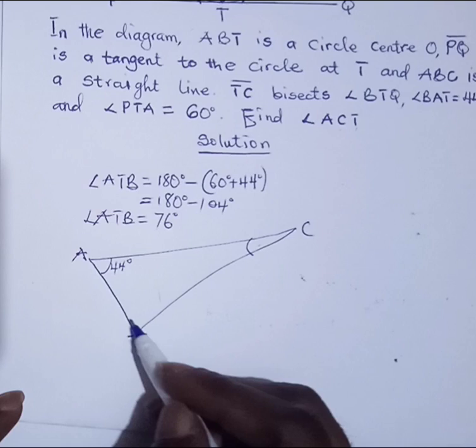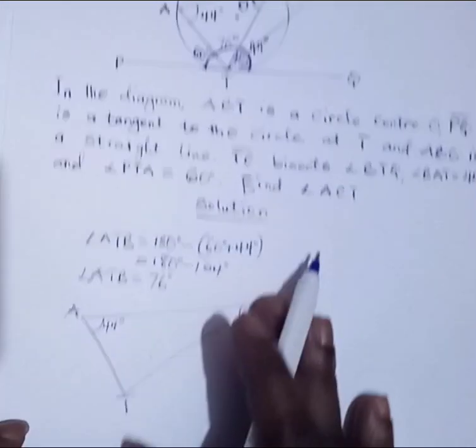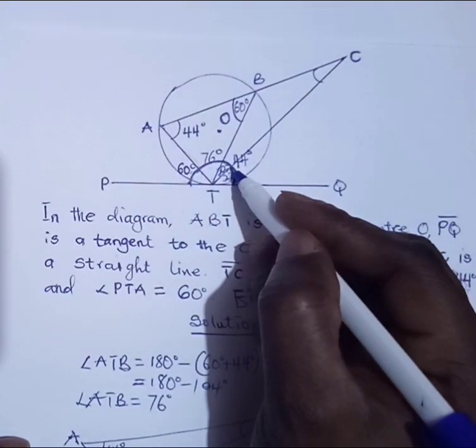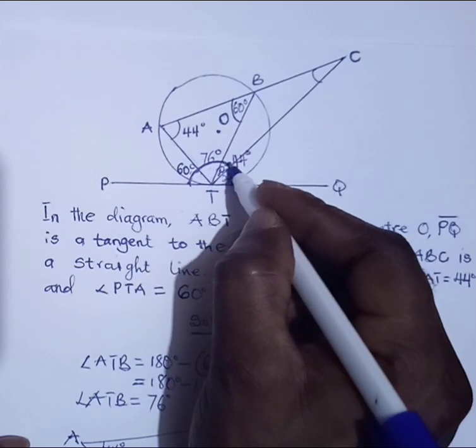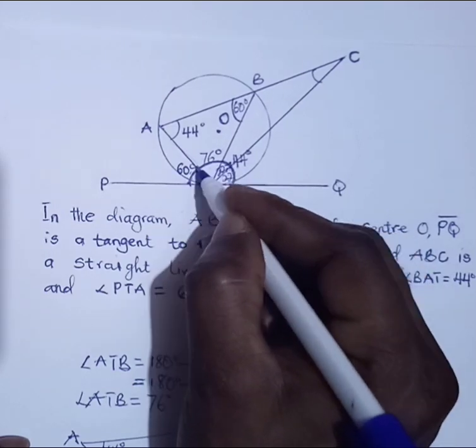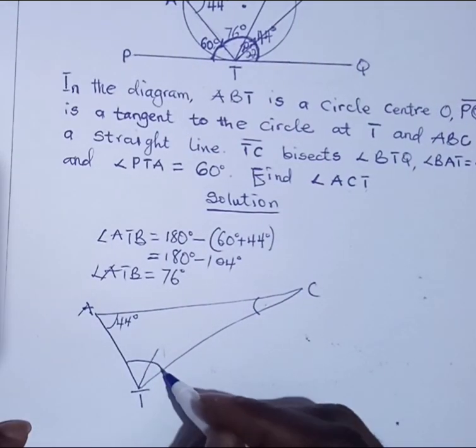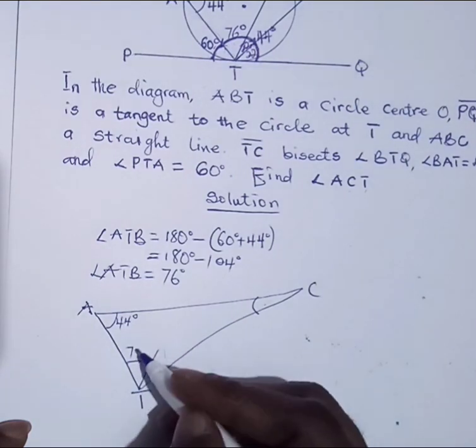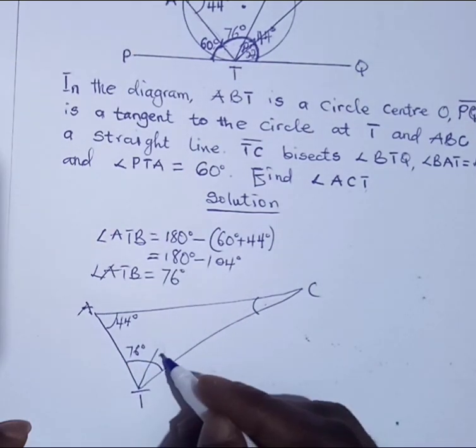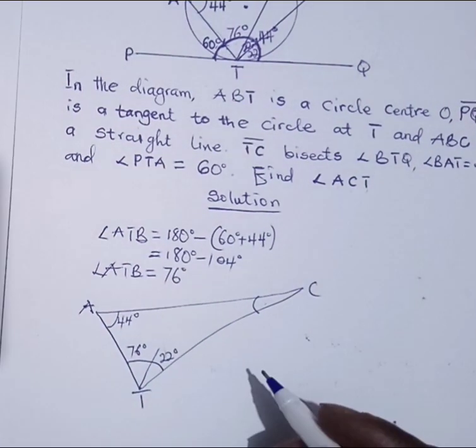And angle T, the angle at T, that's where we have calculated. So let's see. So from this portion here, from here to here, that's what we are looking at. So we calculated and we got here as 76 degrees and we got here as 22 degrees.